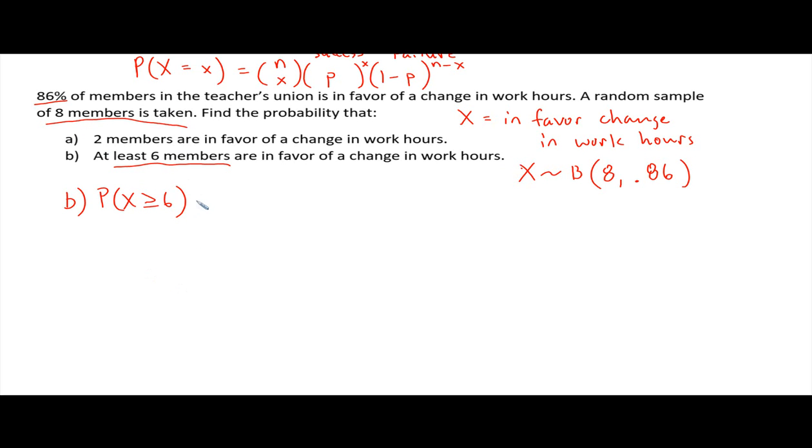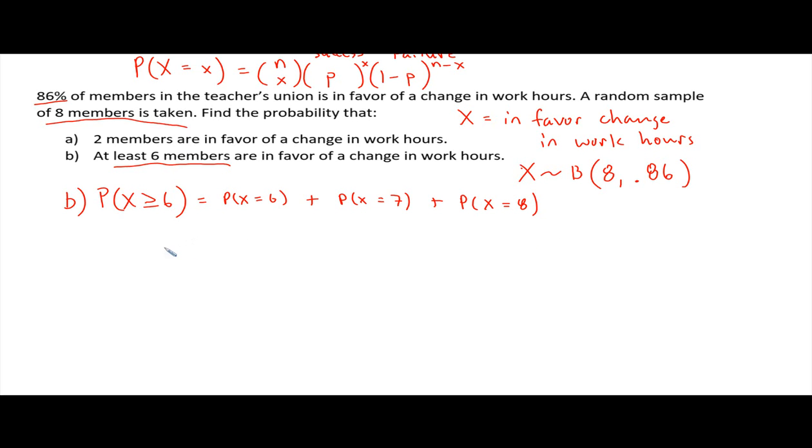So when you expand this out, you have to understand that we're trying to find the probability when x is equal to 6, plus the probability when x is equal to 7, plus the probability when x is equal to 8.